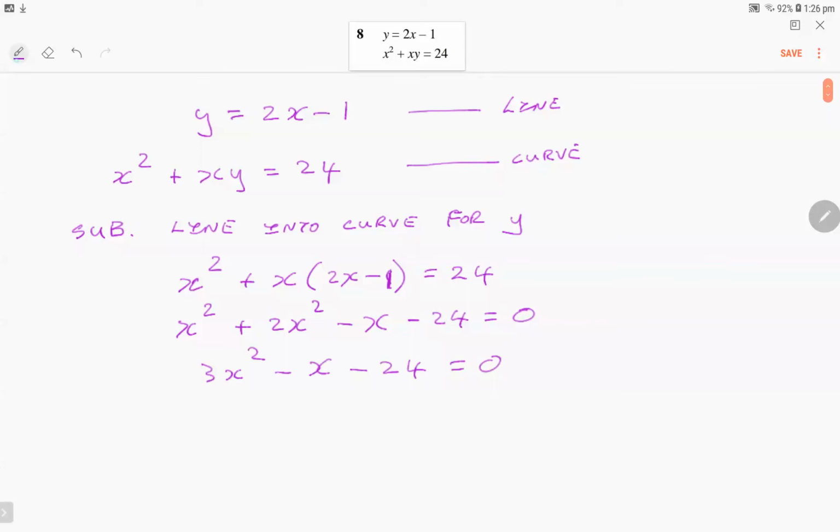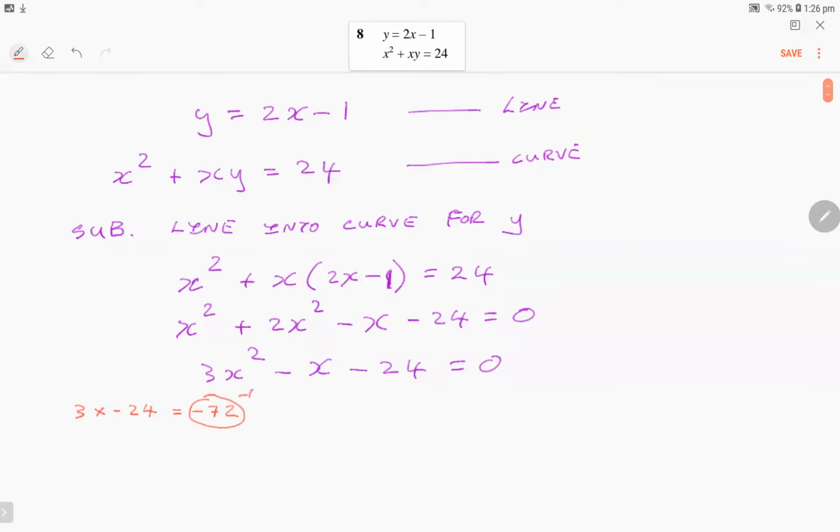So the same procedure again to factorize it. I'm going to multiply the coefficient, which is 3 times minus 24. What is that? 72. That's minus 72. I want factors of minus 72 that add to the middle coefficient, which is negative 1.